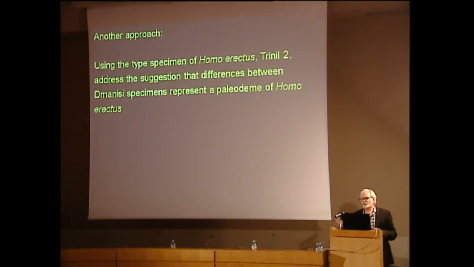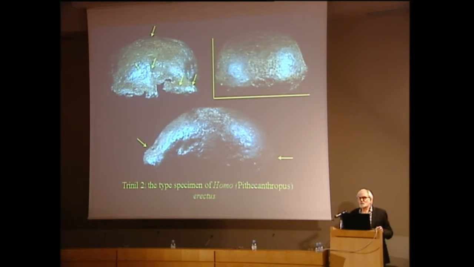So let's try a different approach. Everybody's been talking about Homo erectus from Africa, but we have to remember that the type specimen of Homo erectus is Trinil 2 from Java. So let's look at some of these specimens. First of all, there are very distinctive features of the type specimen, which I've discussed elsewhere. You can look at the arrows.